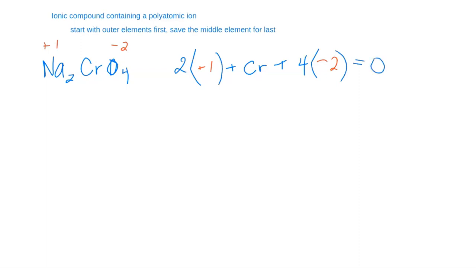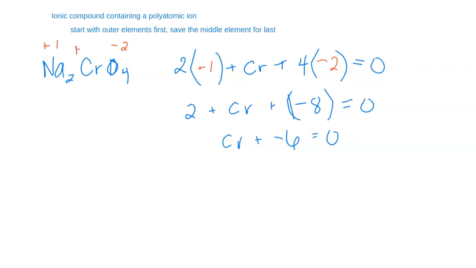So we end up with 2 plus chromium plus a -8 equals 0. So chromium plus -6 equals 0. So our chromium has to be +6. And that's how we can determine that.